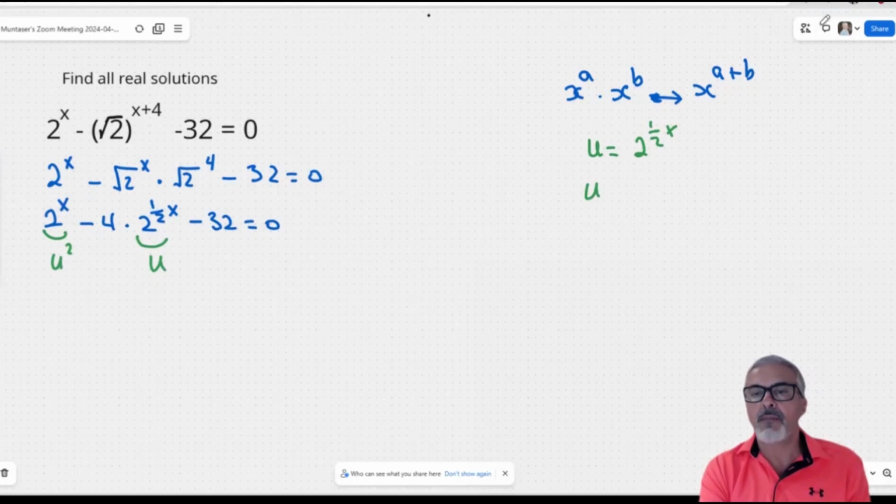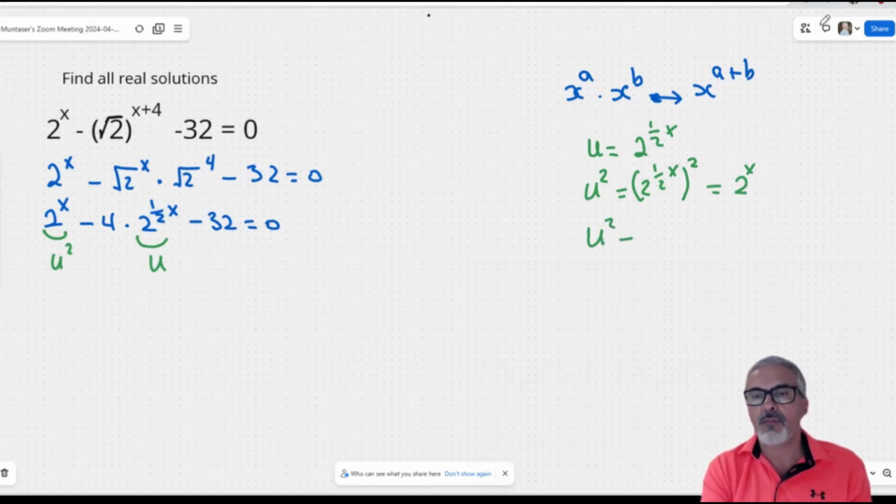And u squared would be, if we square this, 2 to the power of 1/2 x, squared. When we have a power outside of the brackets, we multiply it into the power inside the bracket. So 2 times 1/2 is just 1, and that gives us 2 to the power of x, which is exactly that.